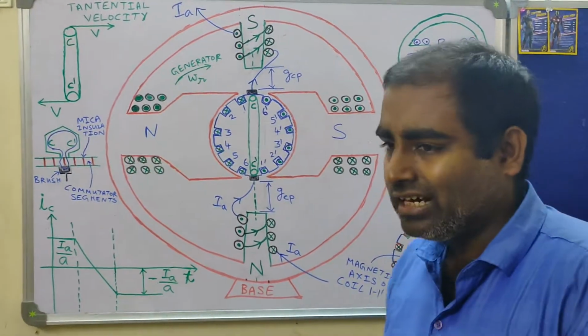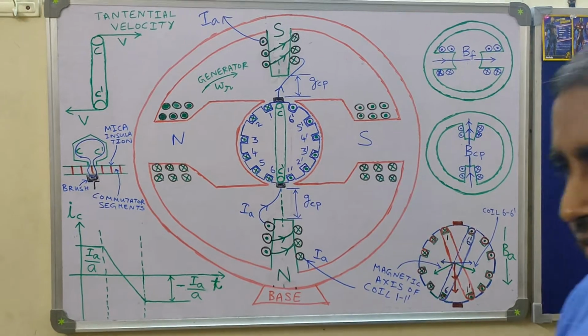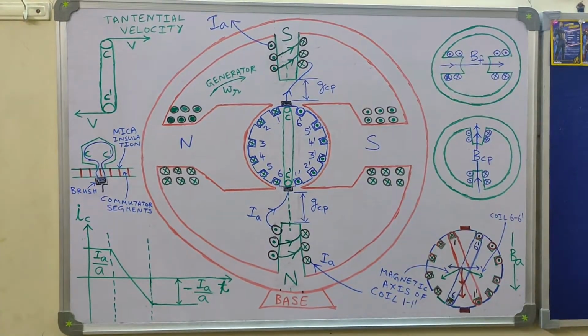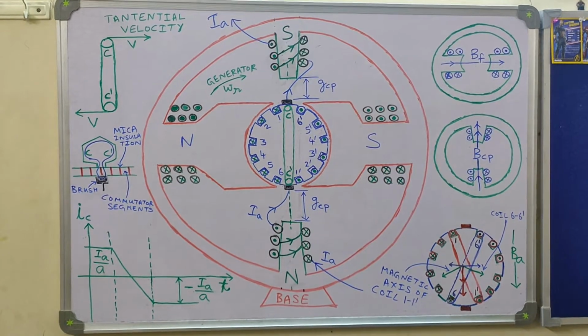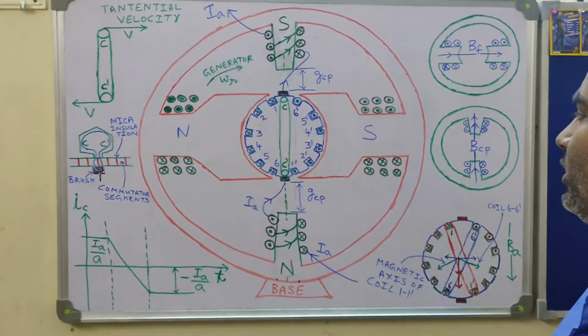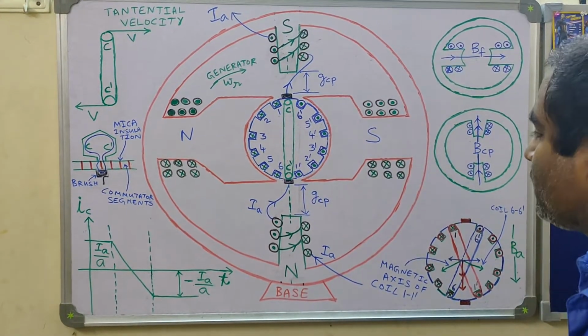Single layer winding is hardly used. For a DC machine, the armature core is invariably fitted with a double layer armature winding.